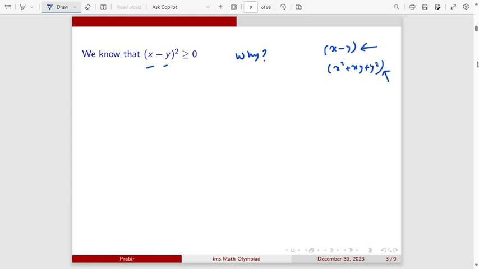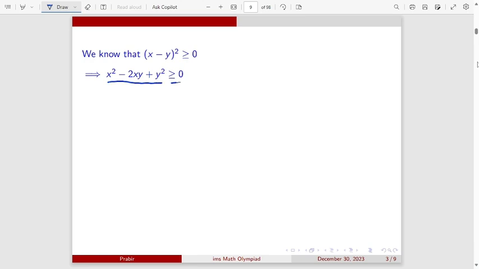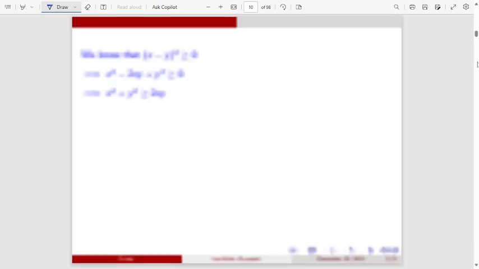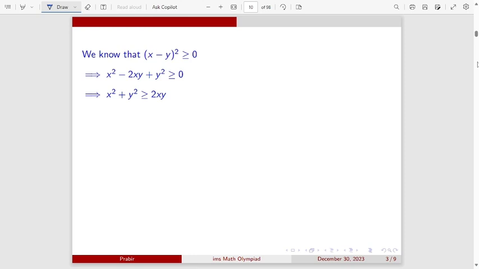So from here we can write x minus y whole square as x square minus 2xy plus y square greater than or equal to 0. Then we can write x square plus y square greater than or equal to 2xy, because we have minus 2xy here. So we switch the side of 2xy, putting the addition sign in front of 2xy. So now from here we can write x square plus y square greater than or equal to xy.